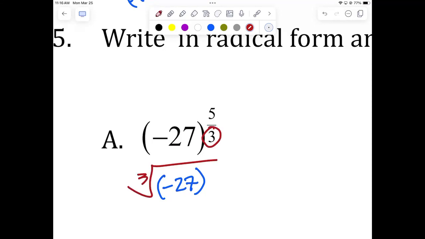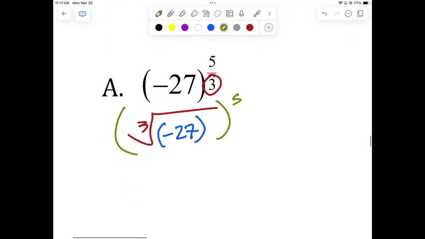Now, where do I want to put the 5 if I'm doing it without a calculator? Underneath the radical or outside the radical? Outside. Because if I put it on the inside, now I have to know what negative 27 to the 5th power is. No, thank you. But if I put it on the outside, I can take the cube root first. That makes more sense.